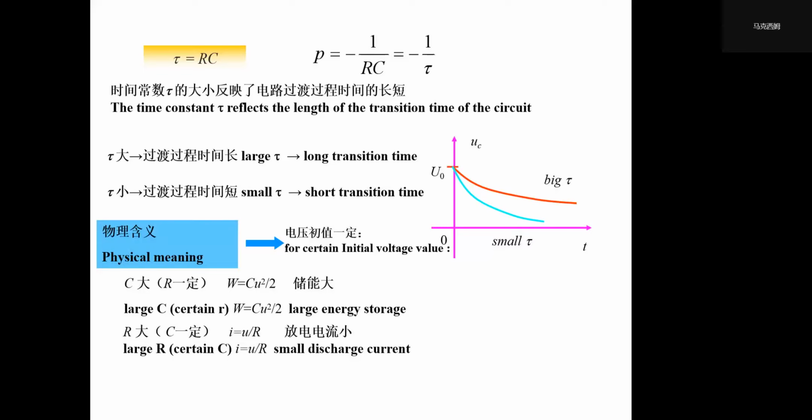So if you have a large resistance and a large capacity, you store a lot of energy, but you can only discharge it through a very tiny discharging current, which will cause you extra time to do so. Big tau. So this is the meaning of tau.